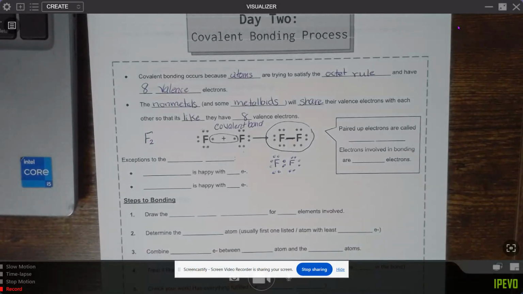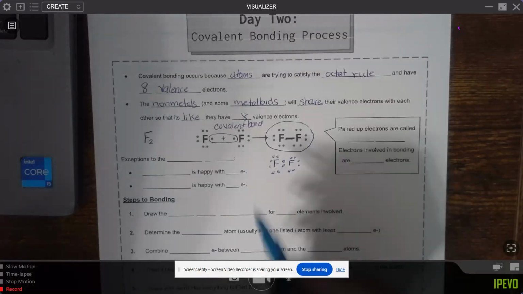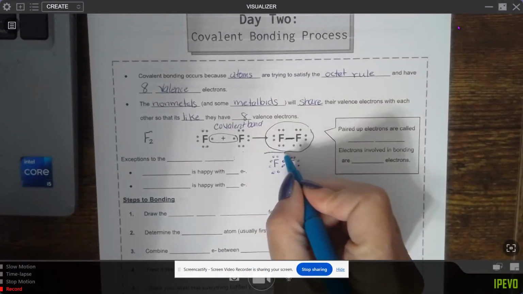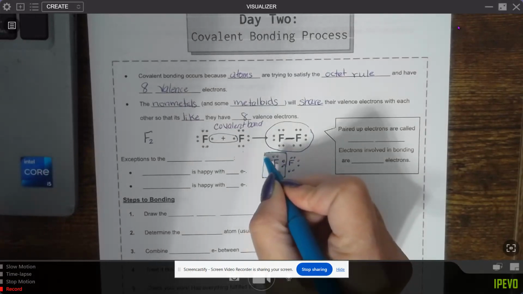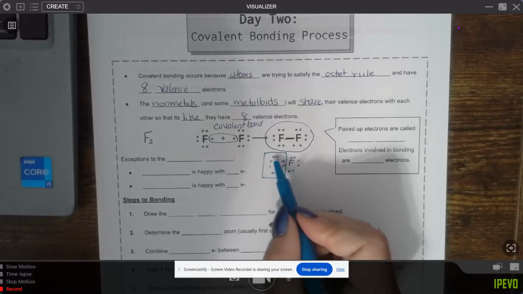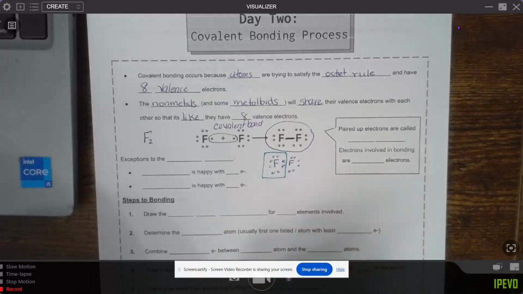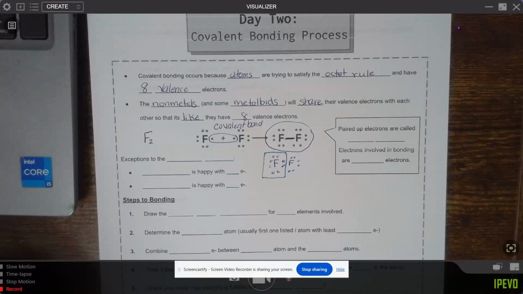And what happens when we do this is, I'll get a couple of different colors of markers out. So what happens when we do this? Remember we said that each atom wants to have an octet, right? Well, when these electrons are shared, if I draw a box around this fluorine, it feels like it has 2, 4, 6, 8 valence electrons because of those shared valence electrons.